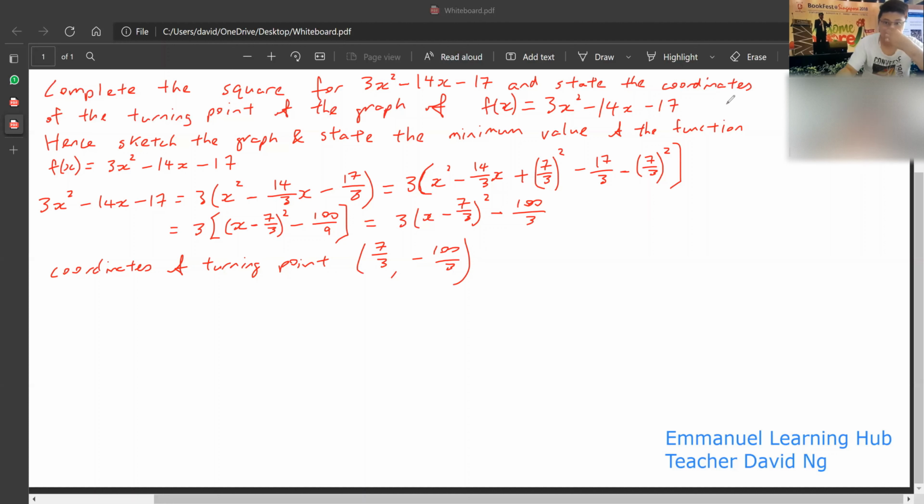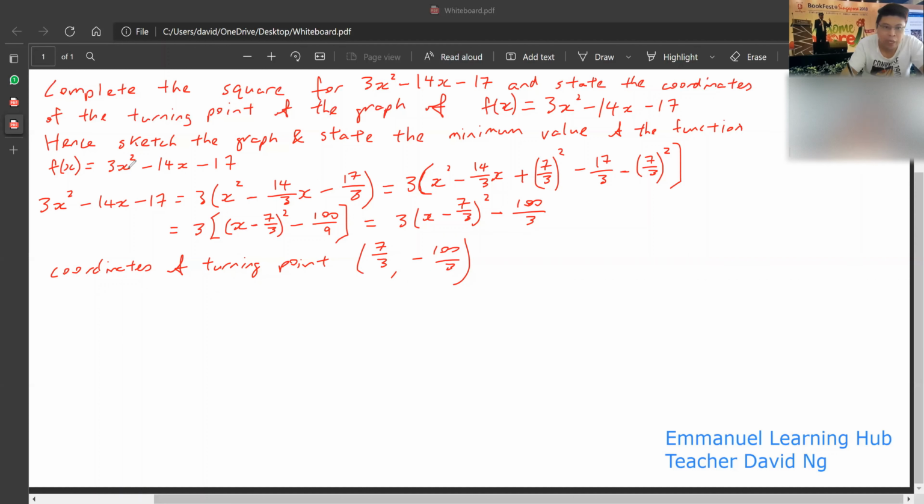Yep. State the coordinates of the turning point. After I complete a square, you would know the coordinates of the turning point. This part is 0. The one in the bracket is 0. So x is 7/3. If this part is 0, right? 3 times 0 is 0. So whatever is left is negative 100/3. So that's the turning point.